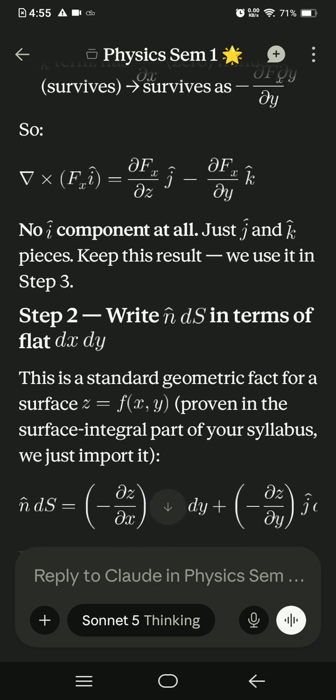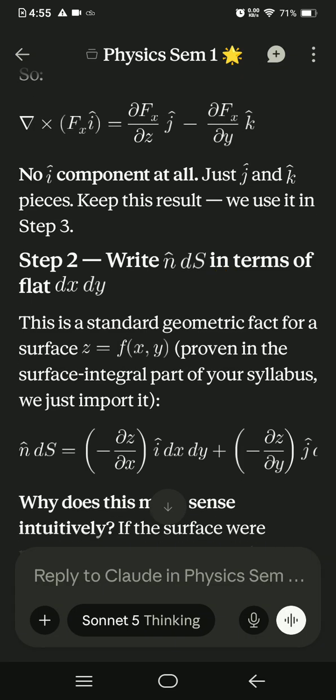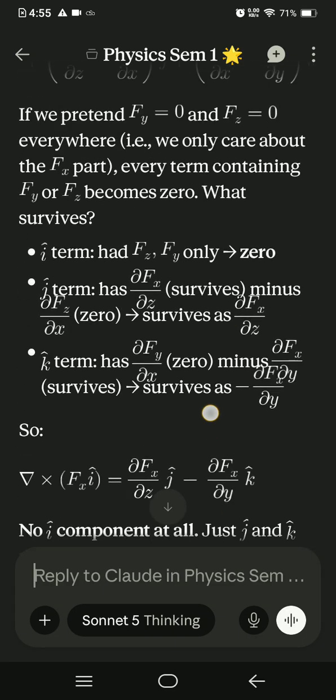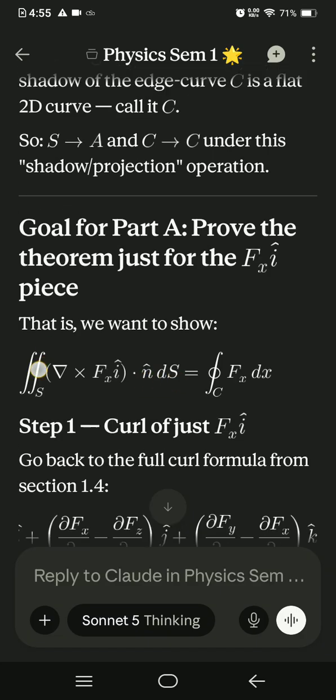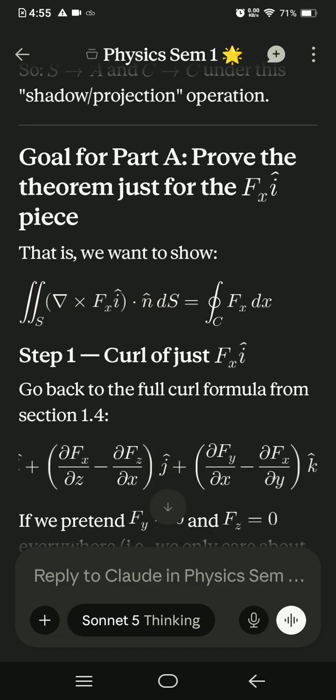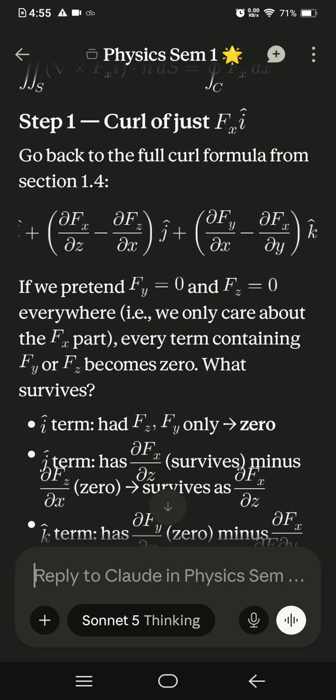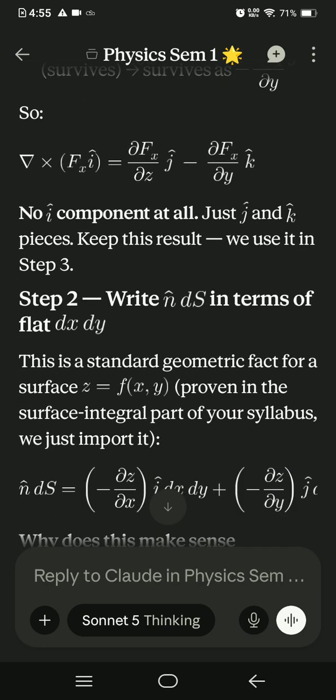Okay, now we have this result from the curl formula. Fine, so step 2 is write n dS in terms of flat dx dy. It was our initial formula, so we are trying to prove this. We got this part, and now we are trying to find this part, and then maybe we are going to use the surface integral formula. Let's see.